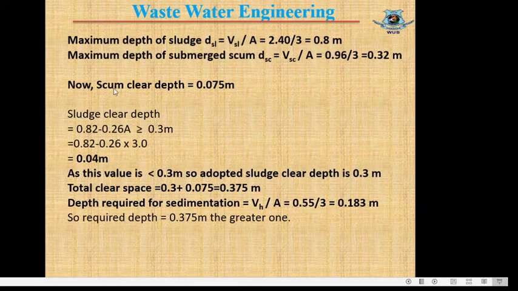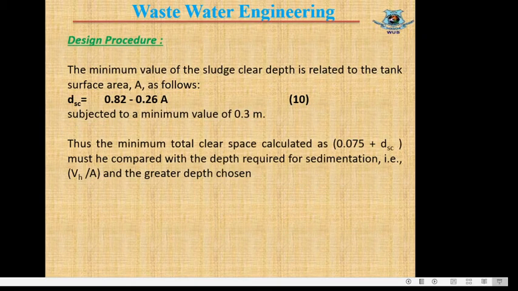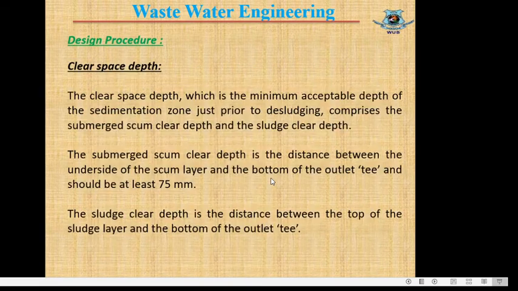Now scum clear depth equals 0.075 meter, and this is the minimum value stated in the design steps. Let's see the design steps. Here in the design steps, the submerged scum clear depth is the distance between the underside of the scum layer and the bottom of the outlet tee, and should be at least 75 mm.